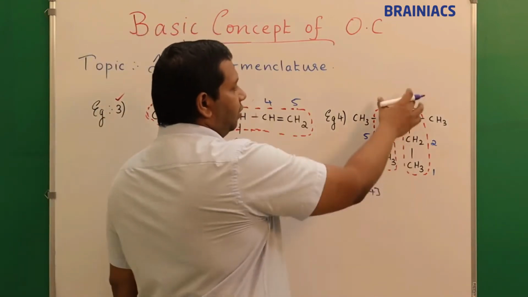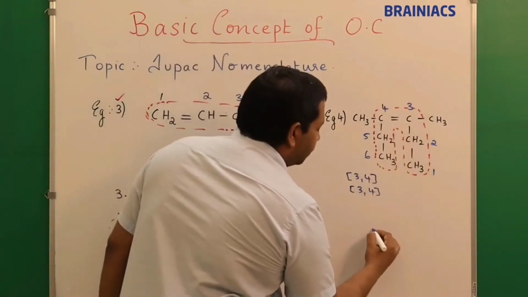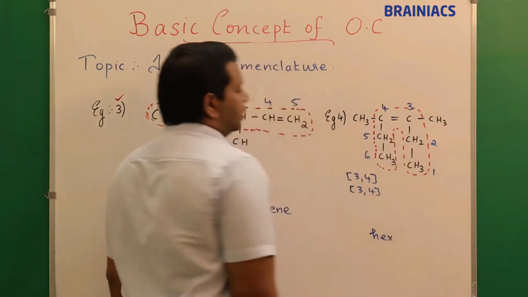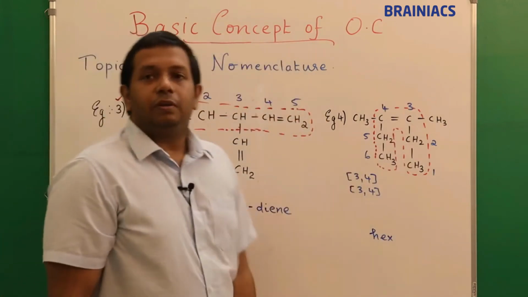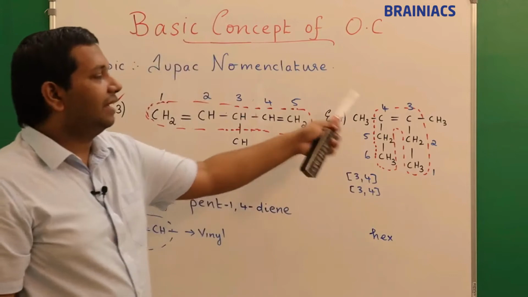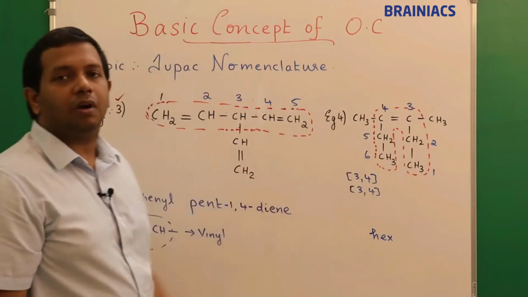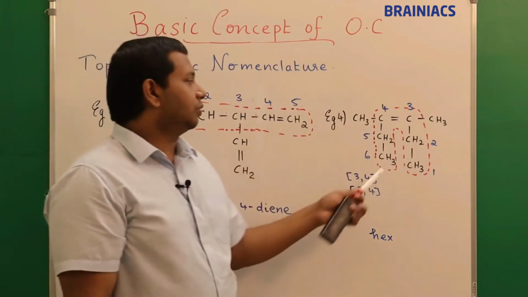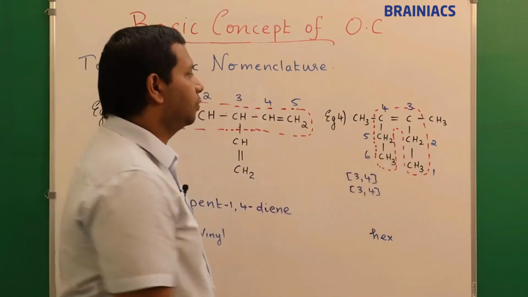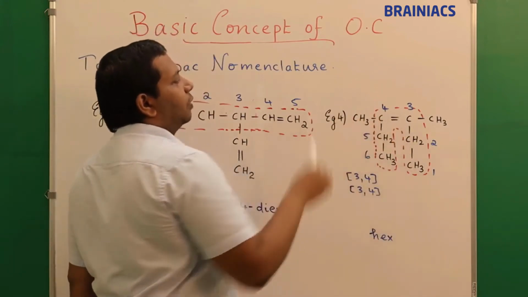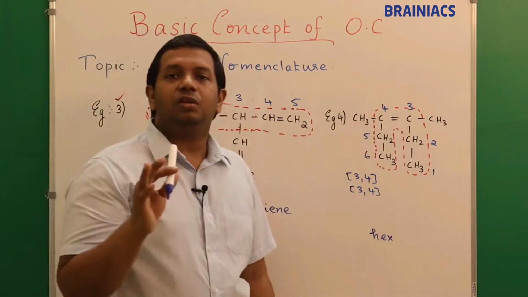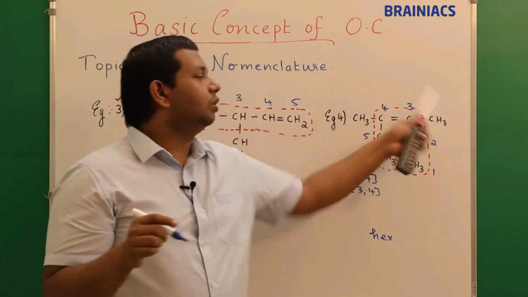Now what is the next thing? We will start naming. Word root: 6 carbons are there, so I will use the term hex. Primary suffix will not come into the picture since it is not a cyclo compound. So I will go for the secondary prefix. Secondary prefixes are substituents. At what positions are the substituents? 3 and 4. Since it is the same substituent, I can use the term di because there are 2 same substituents.